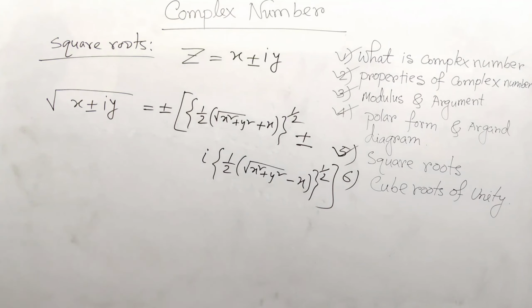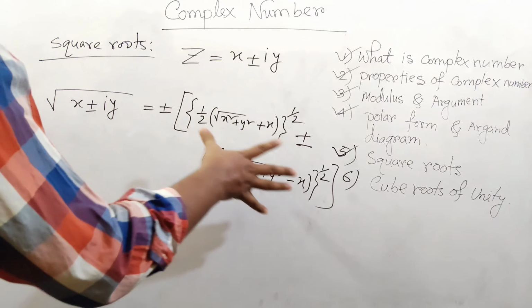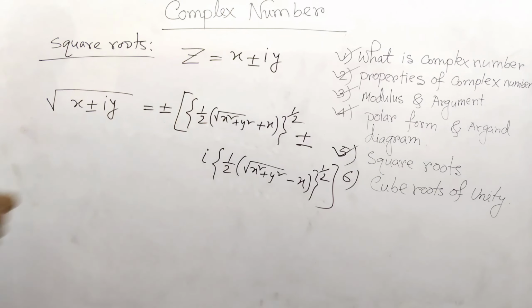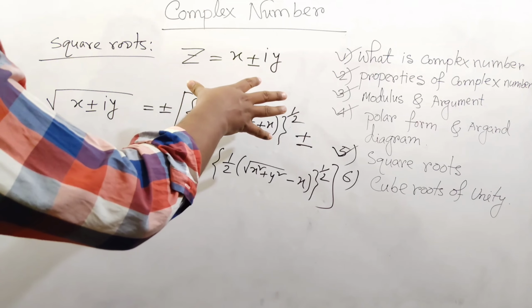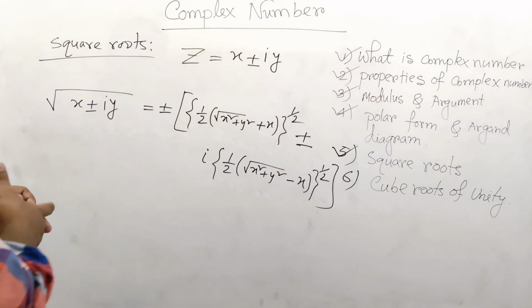So this is the formula. By using this formula, you can easily find the square root of any complex number, within 10 seconds.